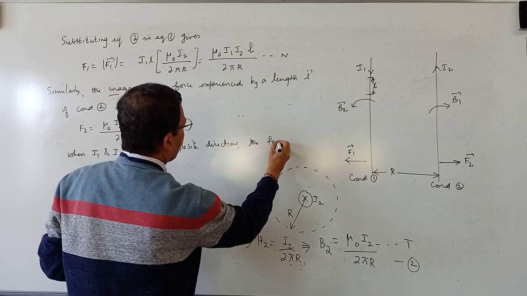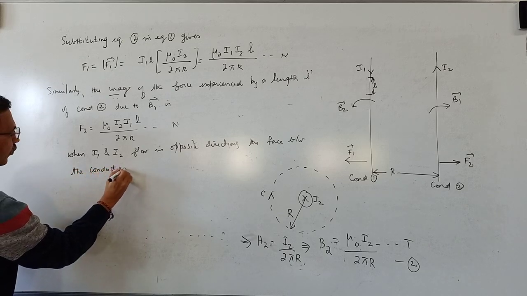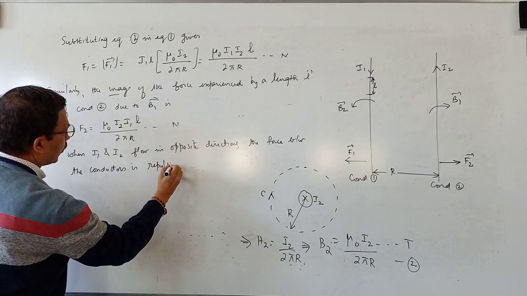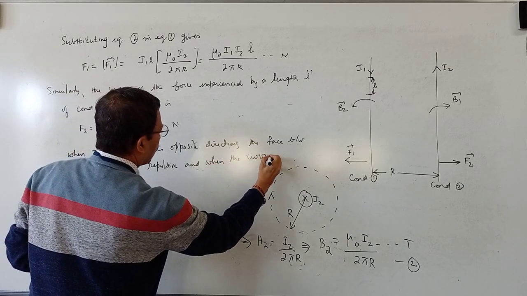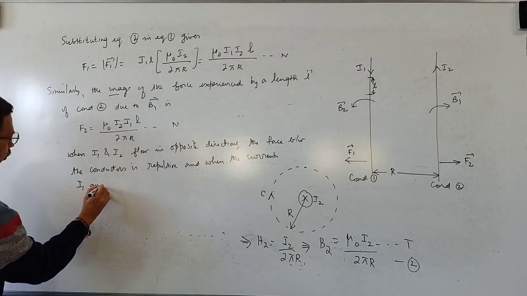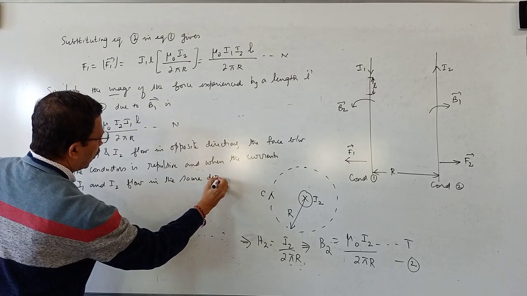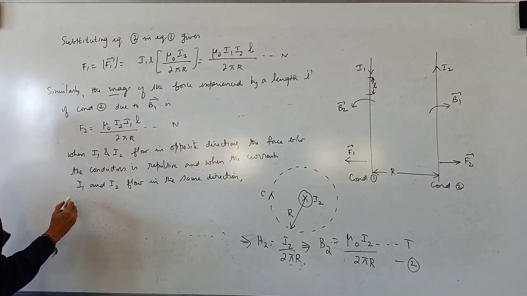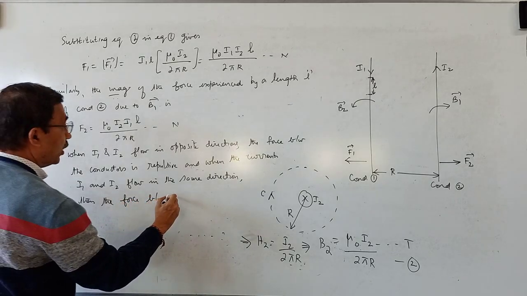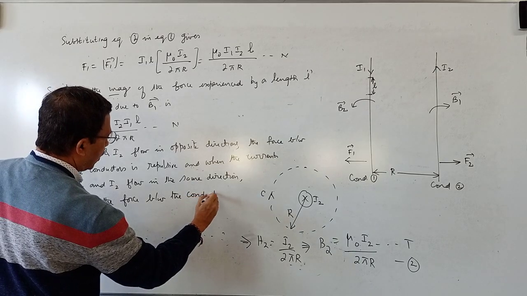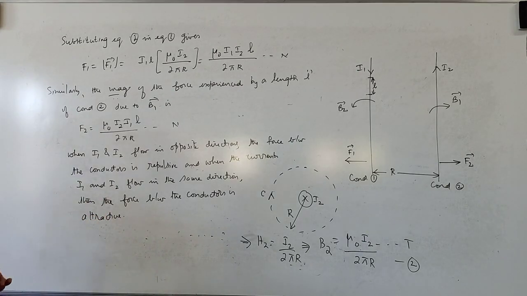The force between the conductors is repulsive, and when the currents I1 and I2 flow in the same direction, then the force between the conductors is attractive. This is quite opposite to Coulomb's law.